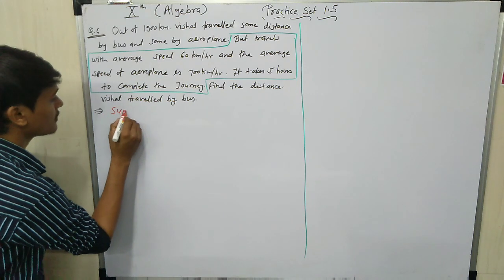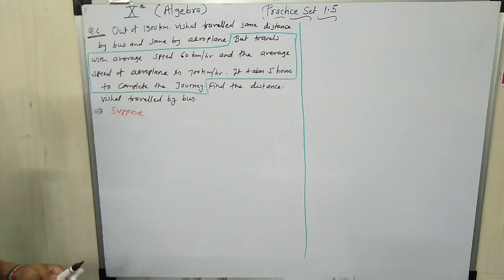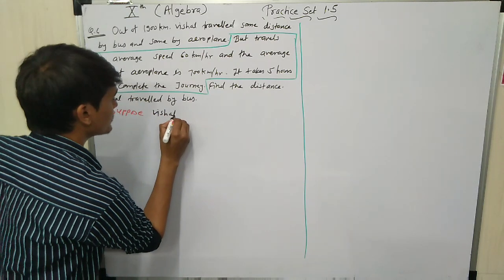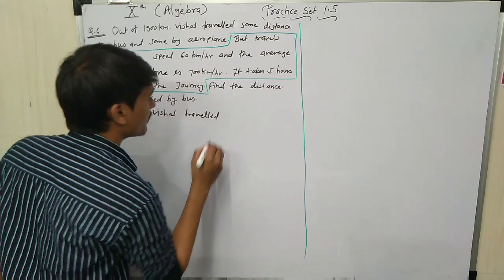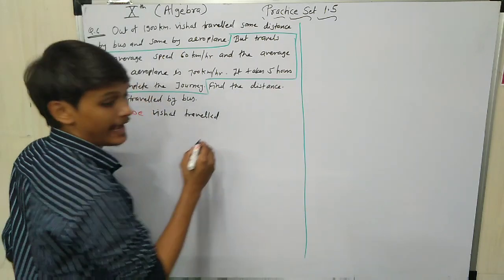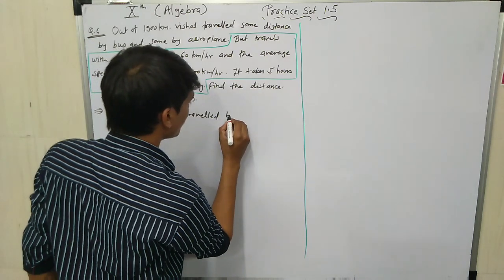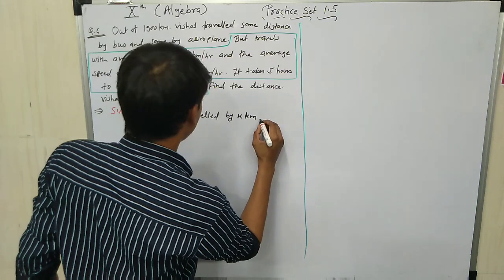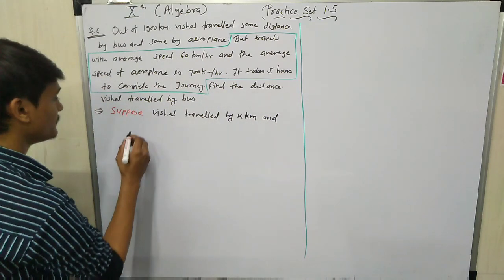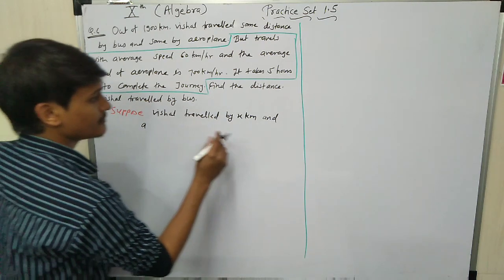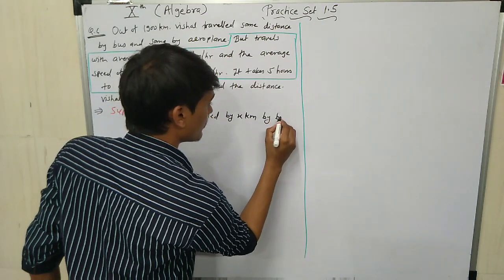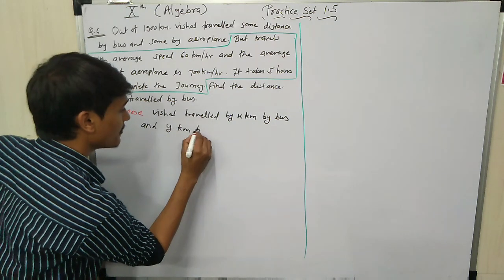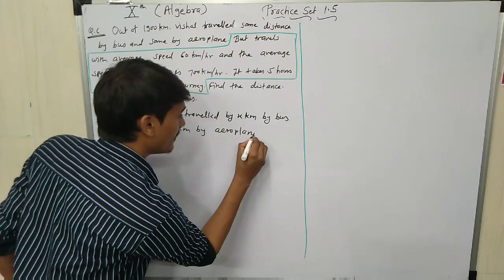Now we suppose Vishal traveled x km by bus and y km by aeroplane.